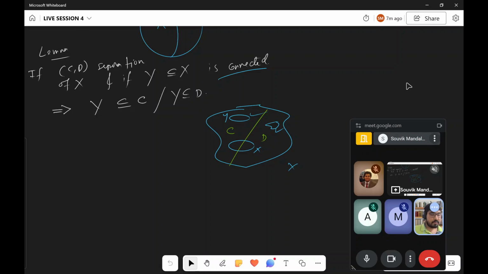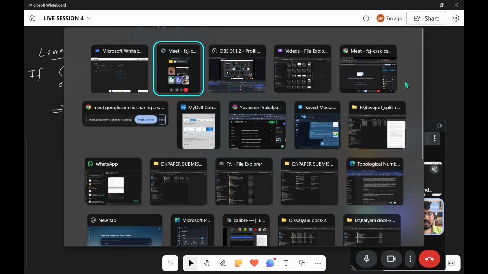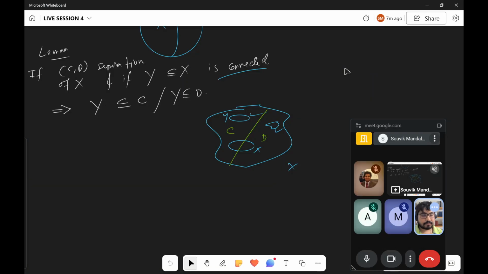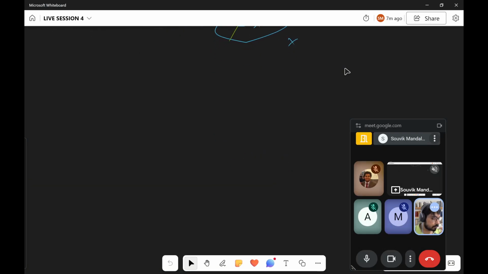So what she has explained is as follows. It's by the method of contradiction. Let's assume that Y has a few parts in C as well as a few parts in D, so non-empty.